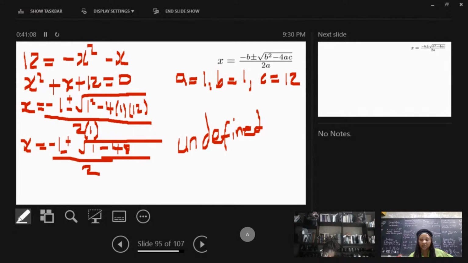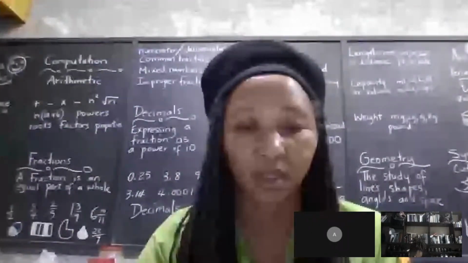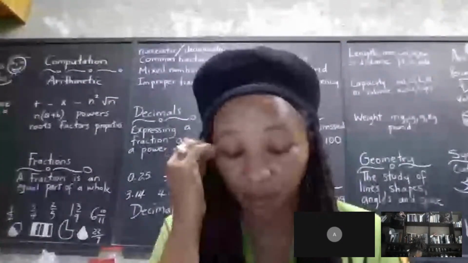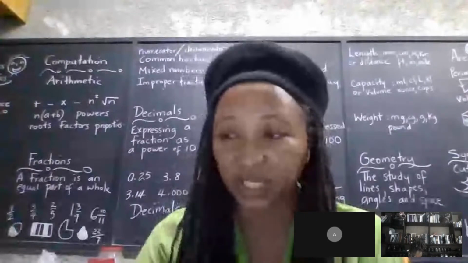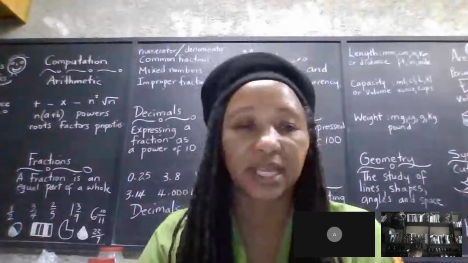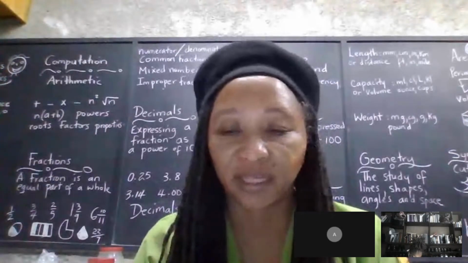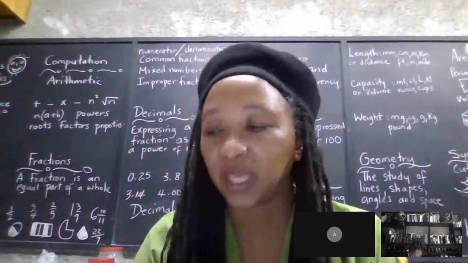All right, so that's it for using the quadratic formula. All we have to do is make sure that the function is in the form of the quadratic: your x squared term first, then your x term, then your constant term equals 0.